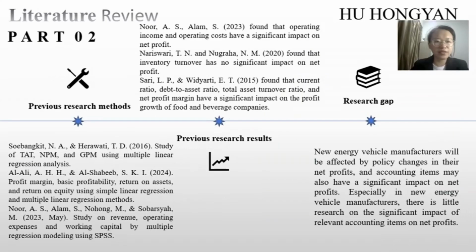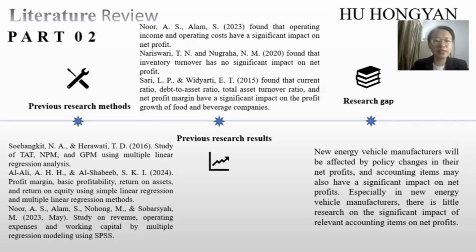Part 2. Literature review. A large number of studies have shown that the net profit of an enterprise is affected by a variety of accounting factors, and many scholars have used the method of multiple linear regression to analyze accounting factors, which provides a reference for this paper.